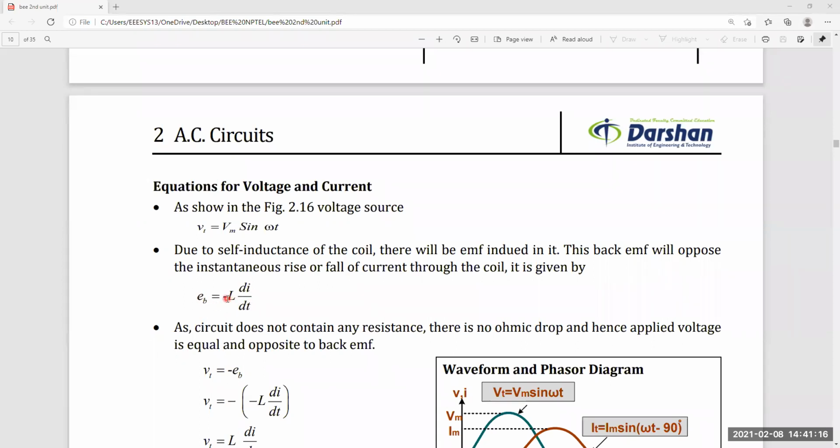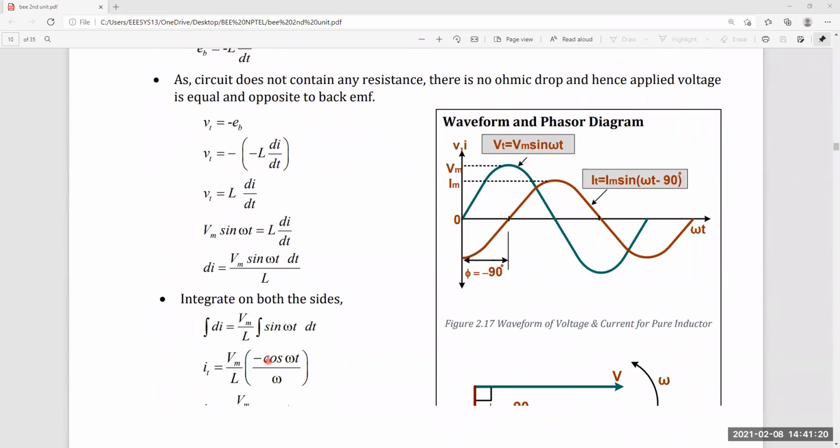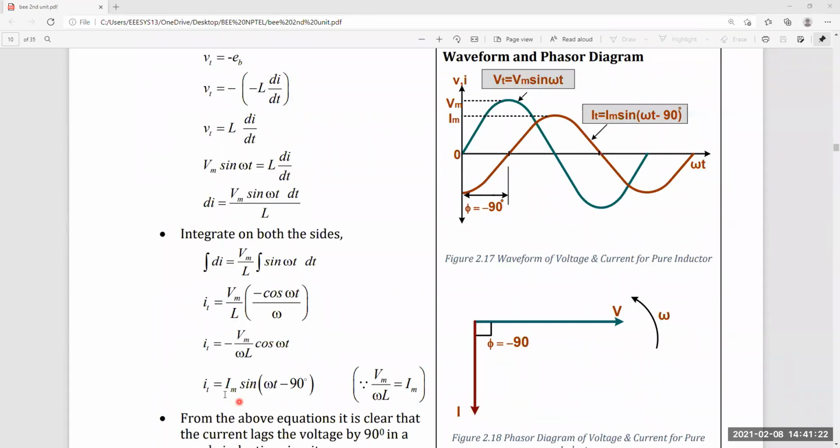So by solving these equations, i equals Im sin(omega t minus 90 degrees). Here minus 90 means the current lags the voltage.